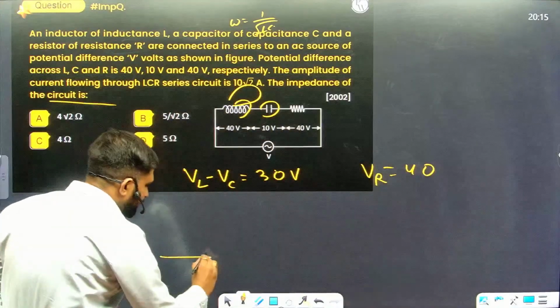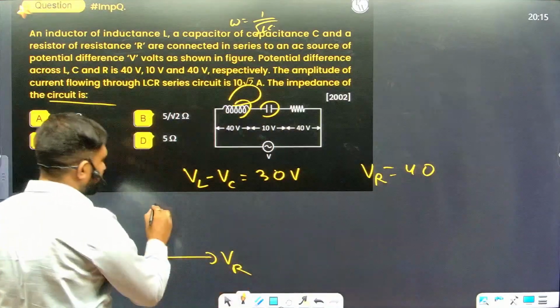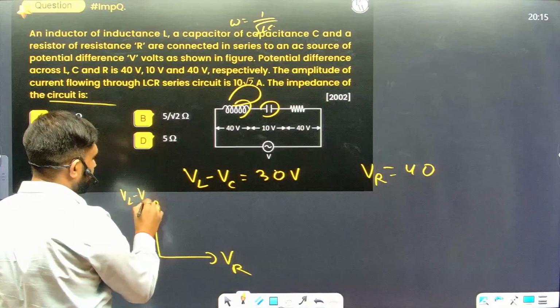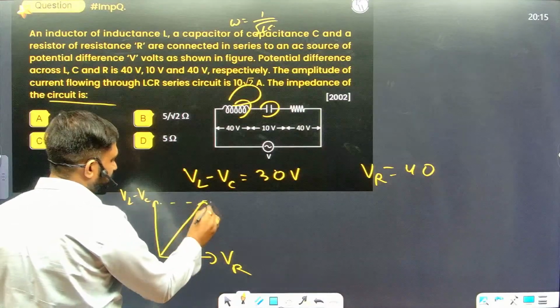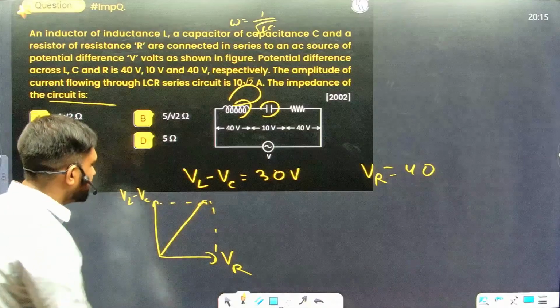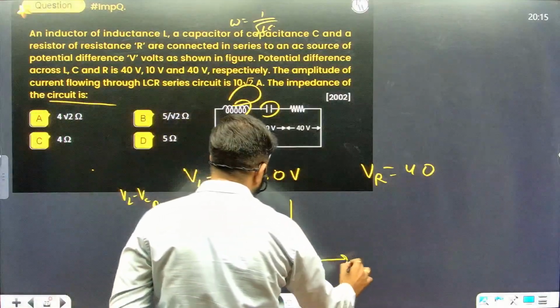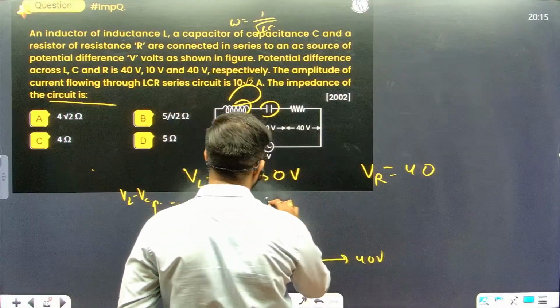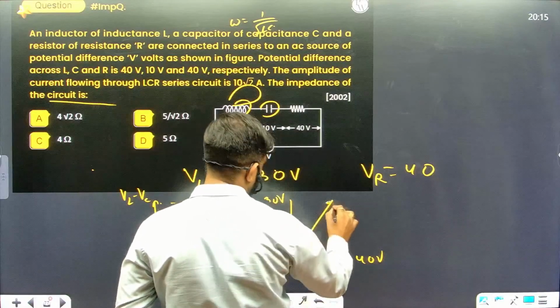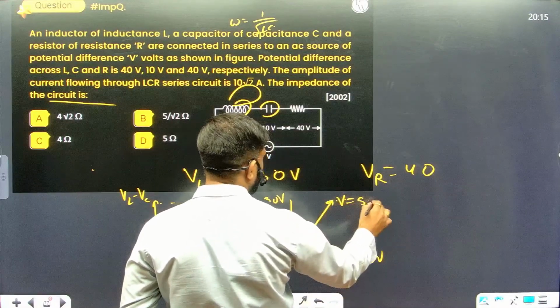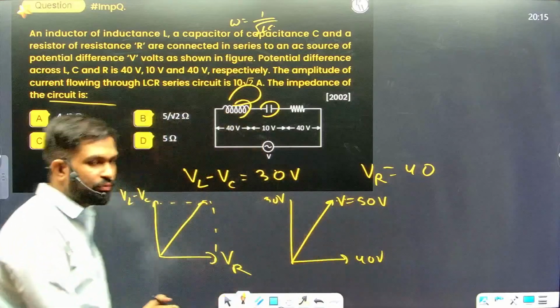I draw the diagram, VR on this side, VL minus VC on this side. The net voltage will be along the vector sum. This is a right angle triangle, this is 40 volts, this is 30 volts. So I can guess that this resultant will be 50 volts, right angle triangle or not, 3, 4, 5.